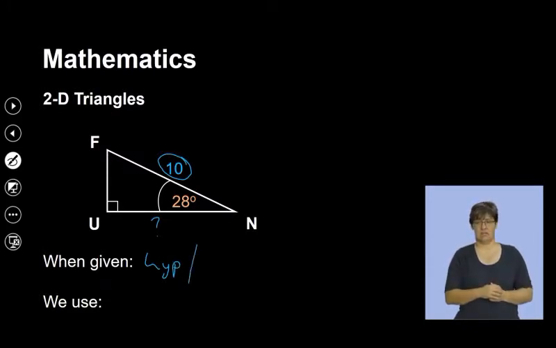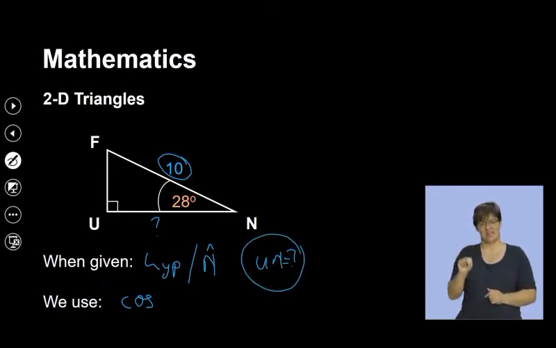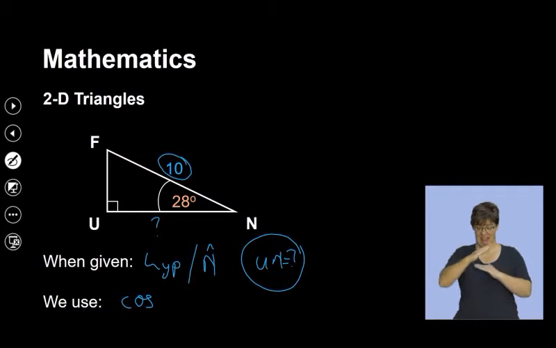I am given angle N, and I'm trying to find UN. I will then need to use the cos ratio here, right? Why cos ratio? Because the UN will form the adjacent to the angle 28 degrees, and then 10 is normally the hypotenuse side.